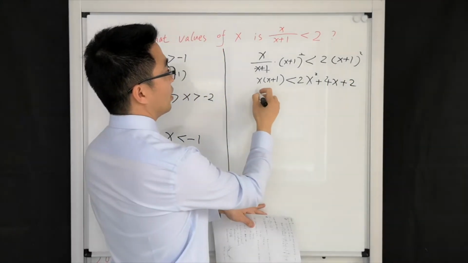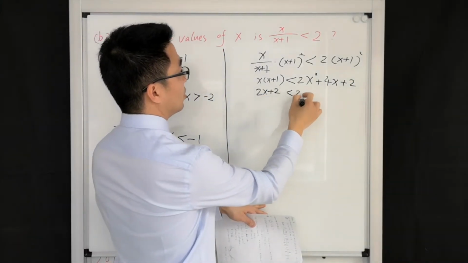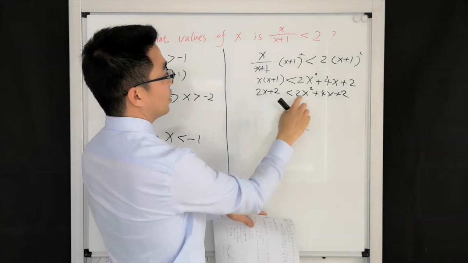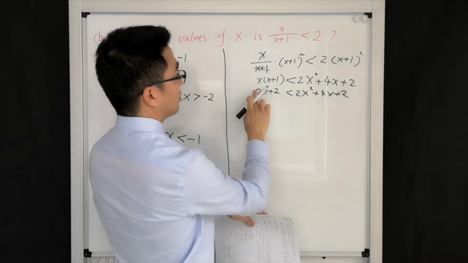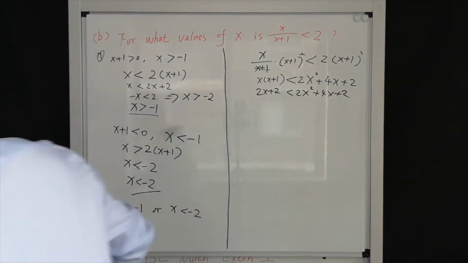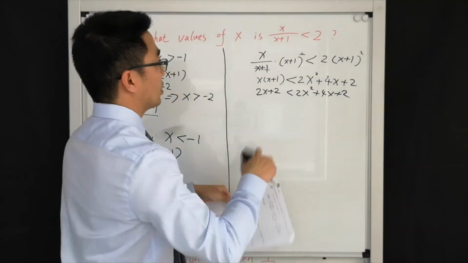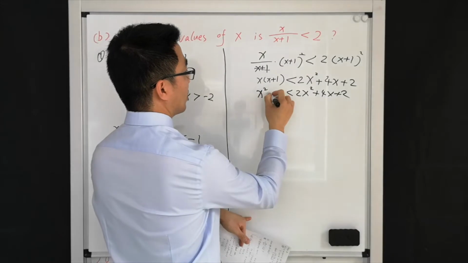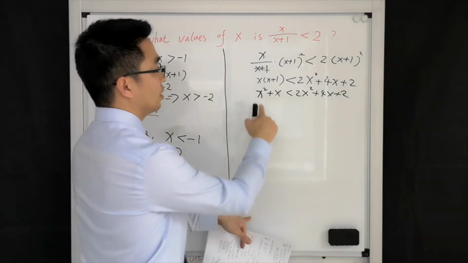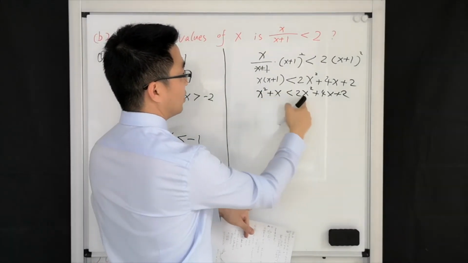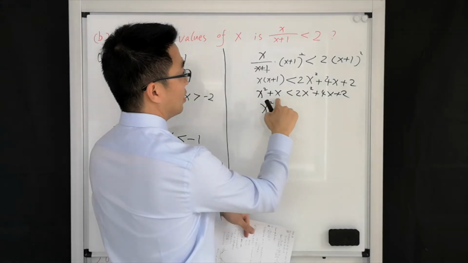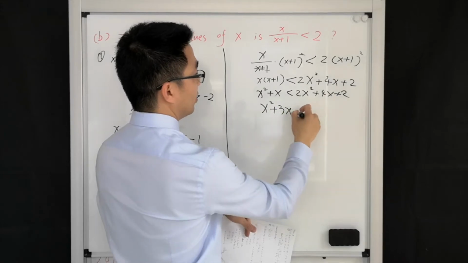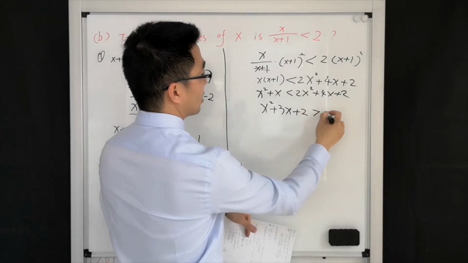Okay, so we have 2x plus 2 less than 2x squared plus 4x plus 2, and then so here is x squared plus x. Compare these two, bringing this one to the other side, we have x squared, this x to here, we have 3x, and then we keep the 2, greater than 0.